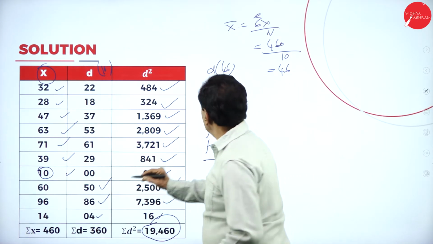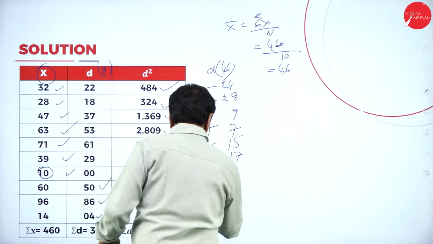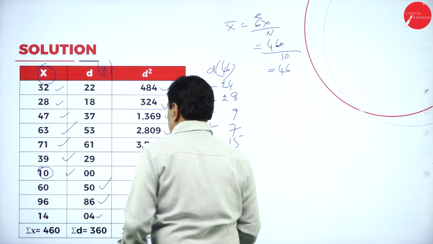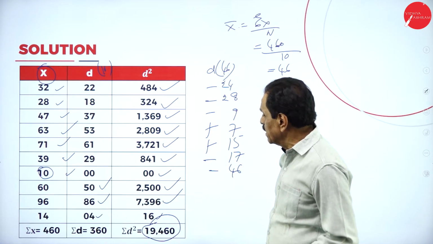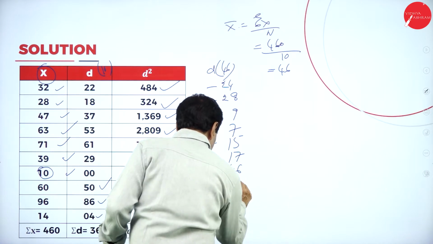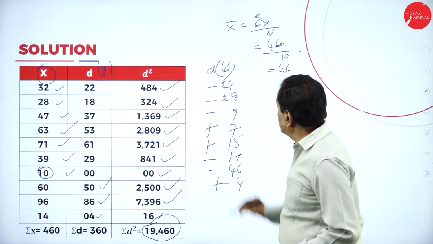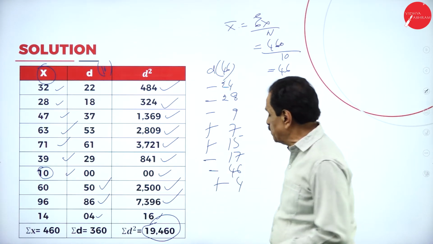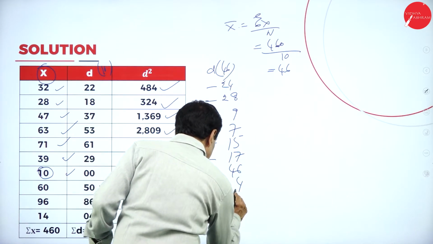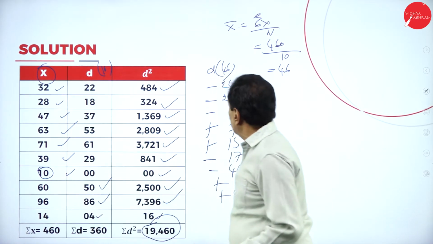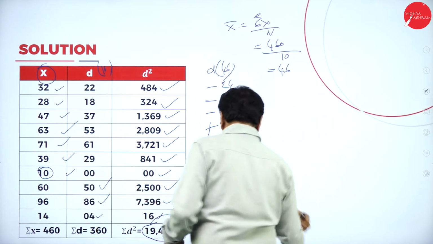Minus 7. 10 means 46 minus 10 is minus 36. Then 60 means plus 14, then 86 means 40 more, then 4 means minus 42.